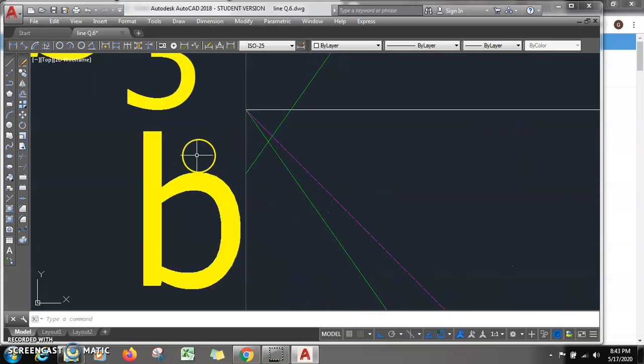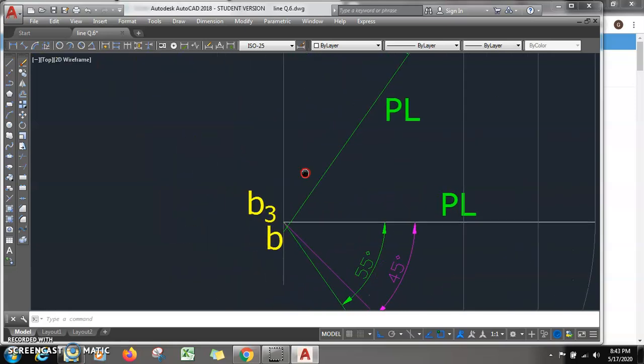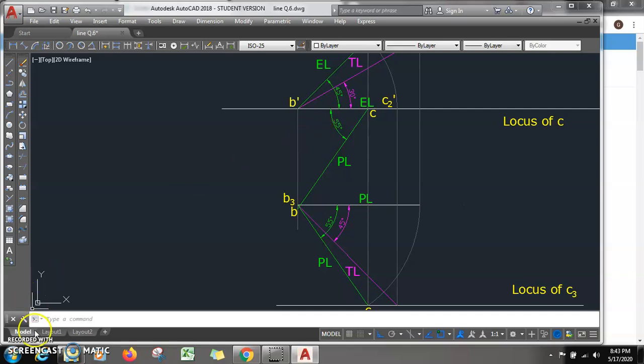In this way, you will complete the projection.